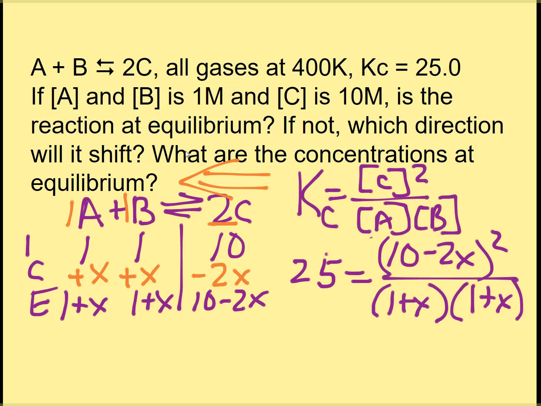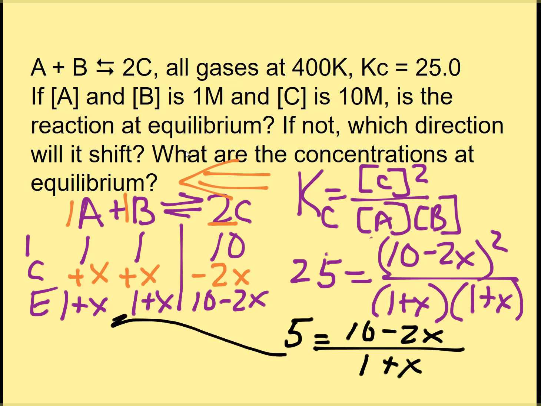All right, so if you look at this, I see that I have some squares. So 25, I can square root that, and I can square root the whole right-hand side of the equation. And so I'm going to have 5 is equal to (10 - 2x) over (1 + x). And now I'm just going to do my math.